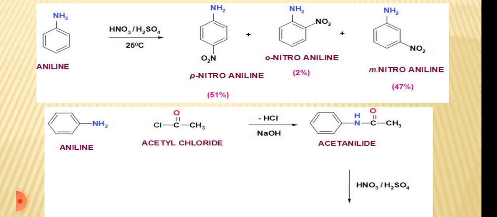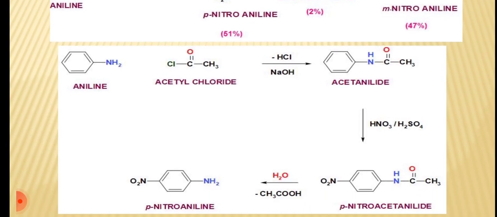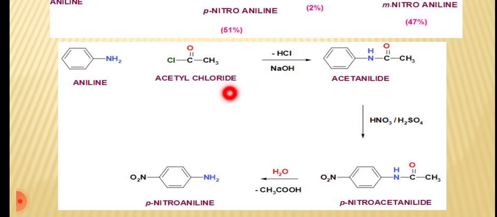To obtain a single substituted nitro compound, the aniline gets converted to the corresponding amide by reacting it with acetyl chloride. Aniline on reaction with acetyl chloride gets converted to acetanilide.